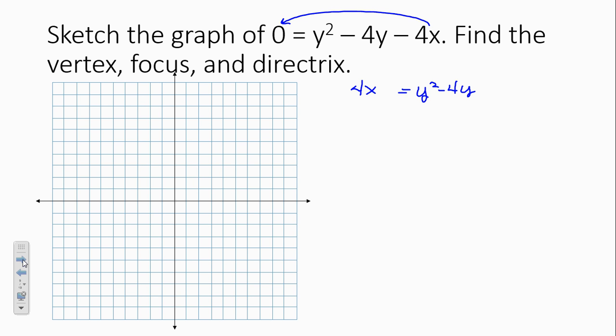We had to ask ourselves, what is 1/2 the middle term squared? Right? So negative 4 divided by 2 is negative 2, squared is going to be a positive 4, right? So if we add 4 to this side to make a perfect square, then we have to add 4 to this side as well.